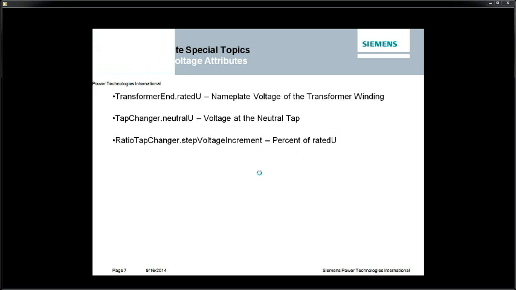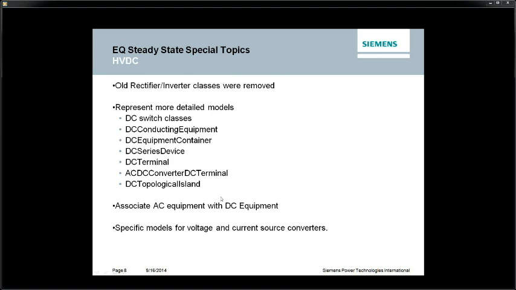So we added in DC switch classes, where you model the details on the DC side instead of just the rectifier inverter with kind of a black box in between. We've added a whole lot into the containment area, and a number of other specializations with DC terminal and this DC node also, and things of that nature.